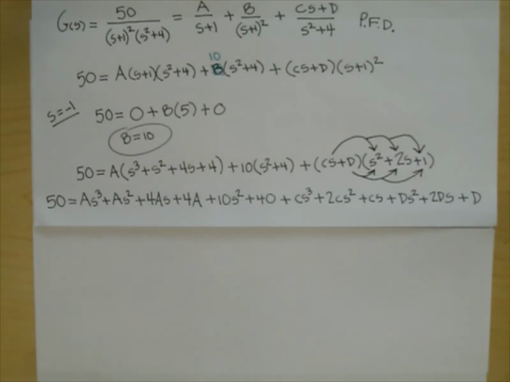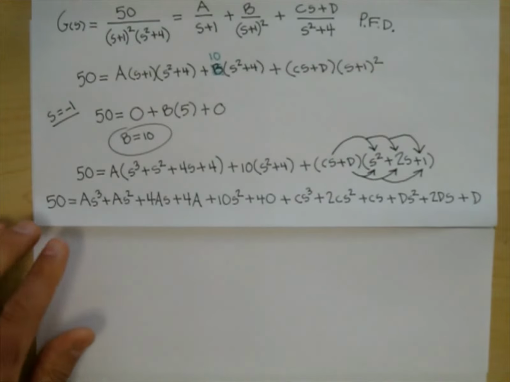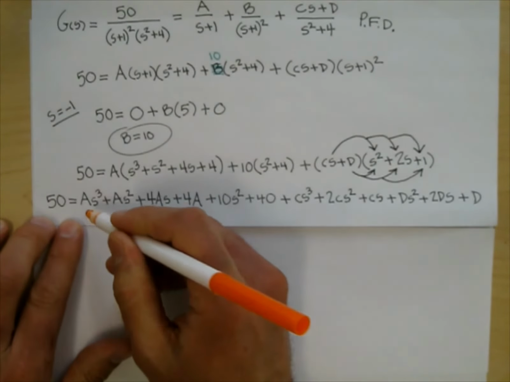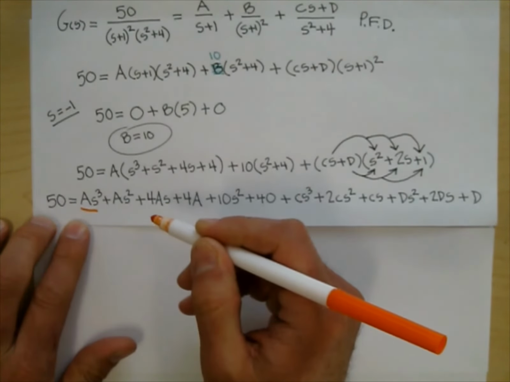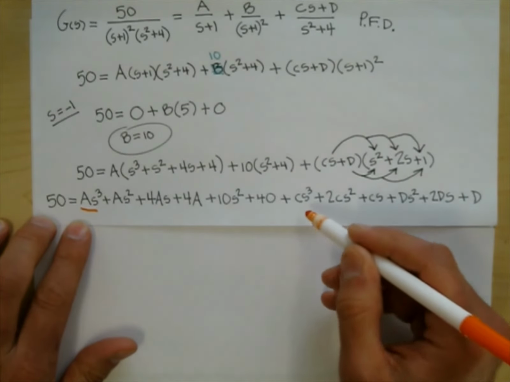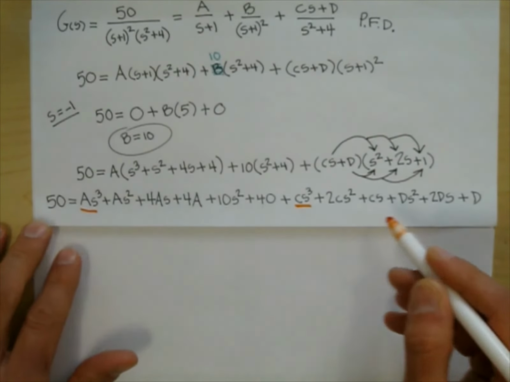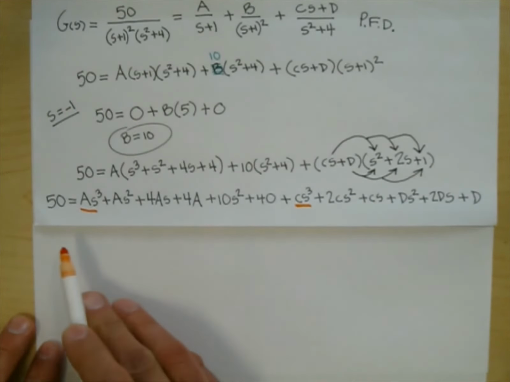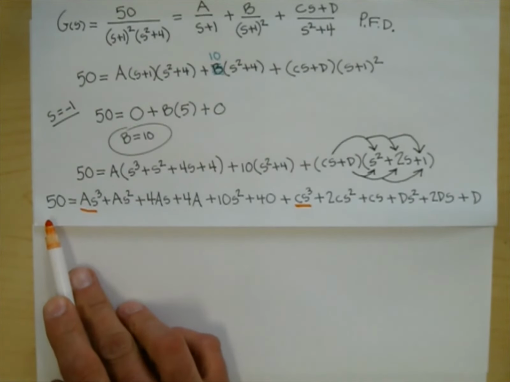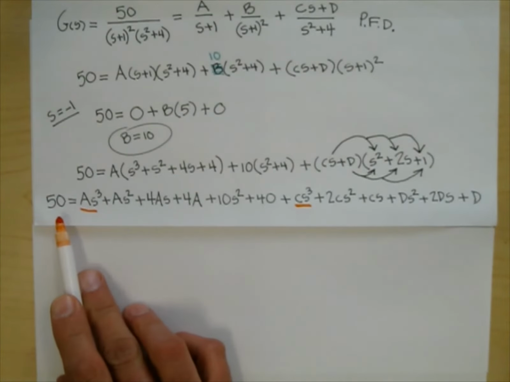What I want to do is collect some terms now. So I'm going to go ahead and use some colors. I'm going to underline all my s cubed terms in one color. So there's an s cubed. There's another one there. I don't see any other ones. Now on the left hand side of the equation, there is an s cubed, and you're like, no, you're pointing at a 50, but it's a 0s cubed.